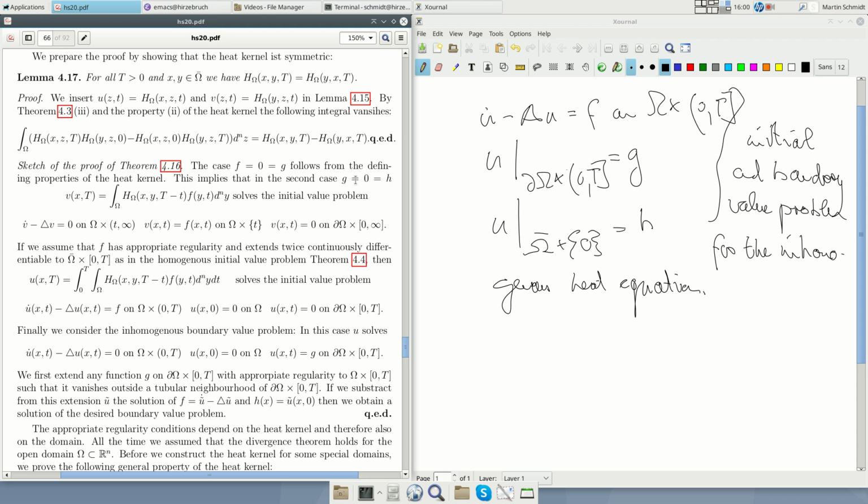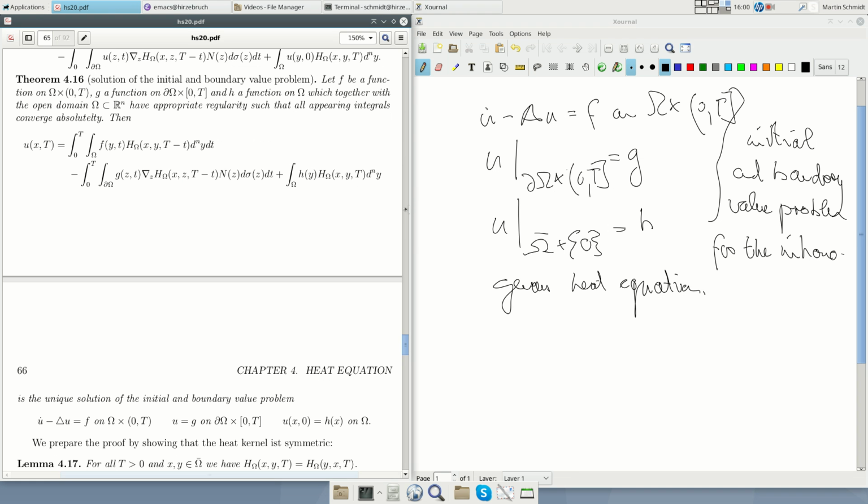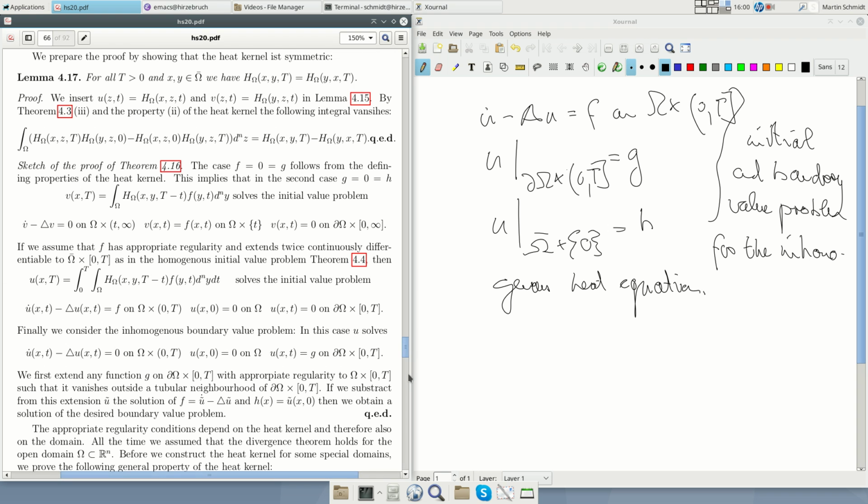The second case is G equals 0 and H equals 0. But then we look at this integral. First, in general, we have this integral. But we first look at this integral without integration over t. Then, by our first property, we know that this solves this initial value problem. It solves the homogeneous heat equation, it has this value at t, and on the boundary it's 0.